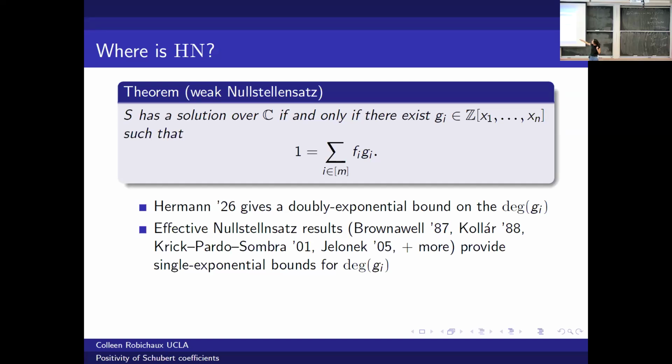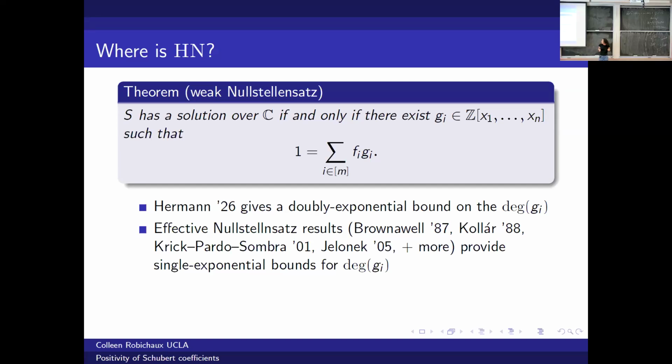And we can even get much more structure of what these gi's look like by the incredible work of the effective Nullstellensatz. By all of these landmark results, we were able to whittle this down to say that the degrees of the gi's are only going to be single exponential. So we know a lot about what these gi's look like due to all of this work. Now, what does that tell us in terms of the complexity?